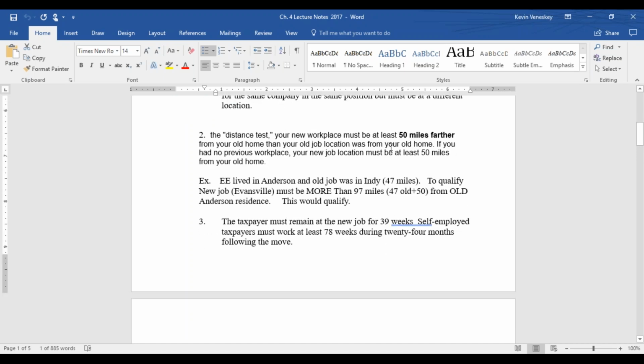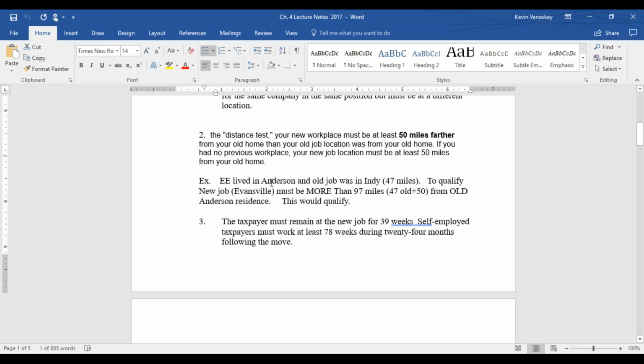There's this distance test, and you have to read this real carefully for it to even make sense. Your new workplace must be at least 50 miles farther from your old home than your old job location was from your old home. I tried to break this down into easier things to understand using things around Indiana.